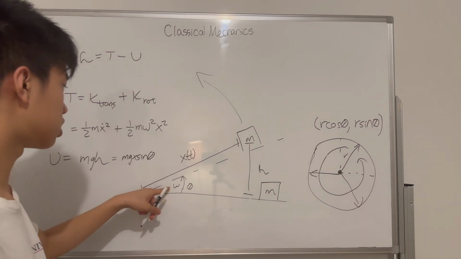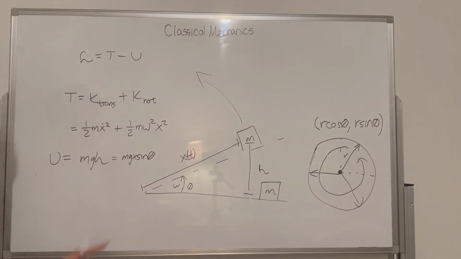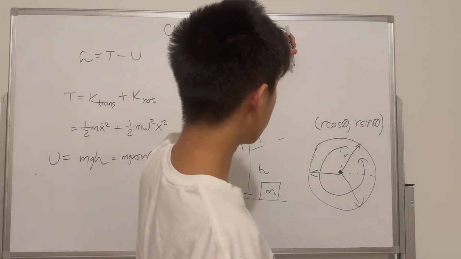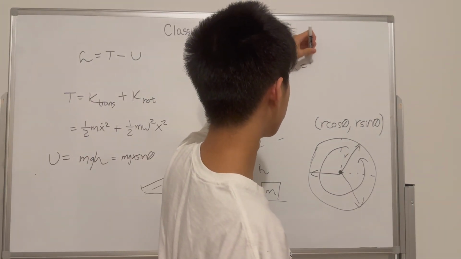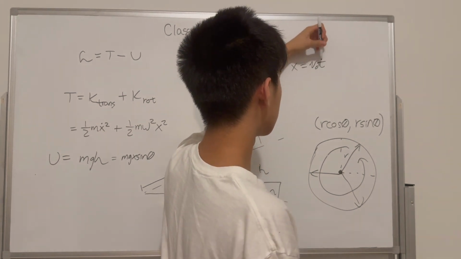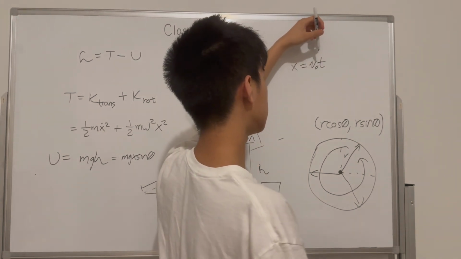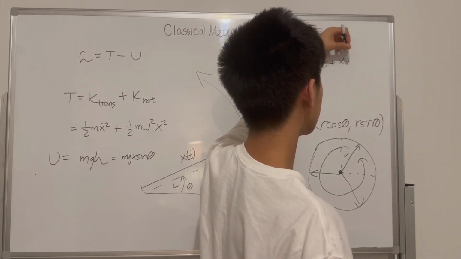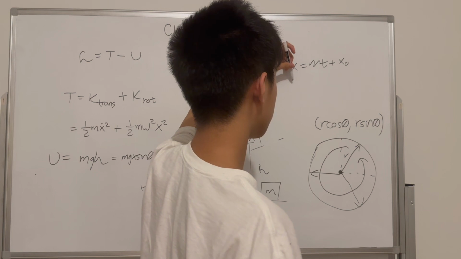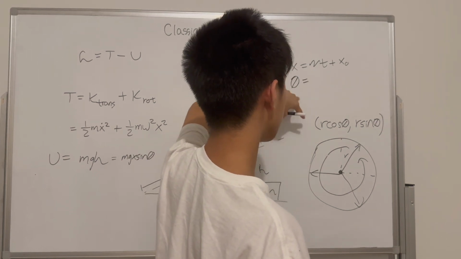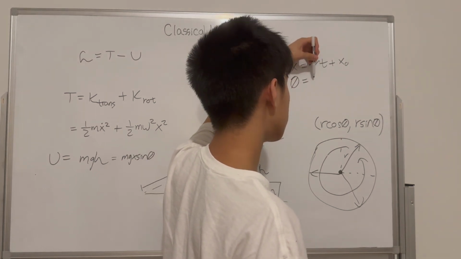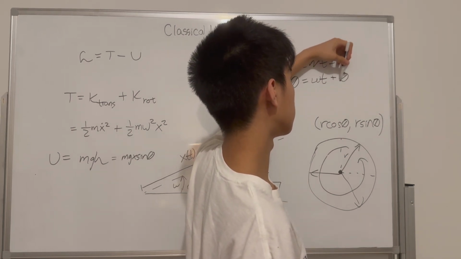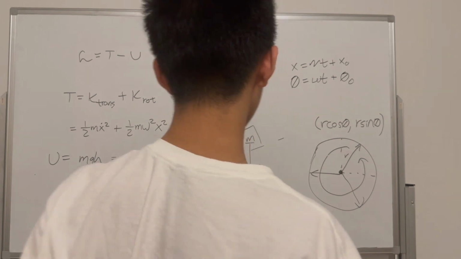Well, theta is a function of t because it's increasing, and since we know that displacement is equal to initial velocity times time plus initial displacement, that would mean that angular displacement is equal to angular velocity times time plus initial position.